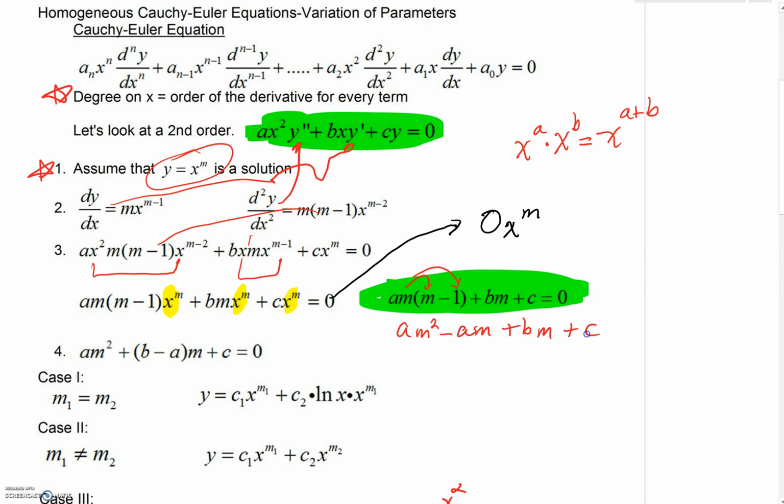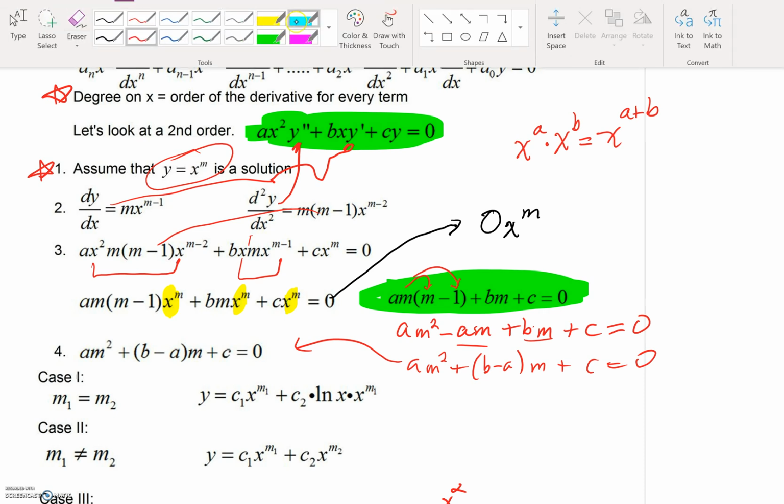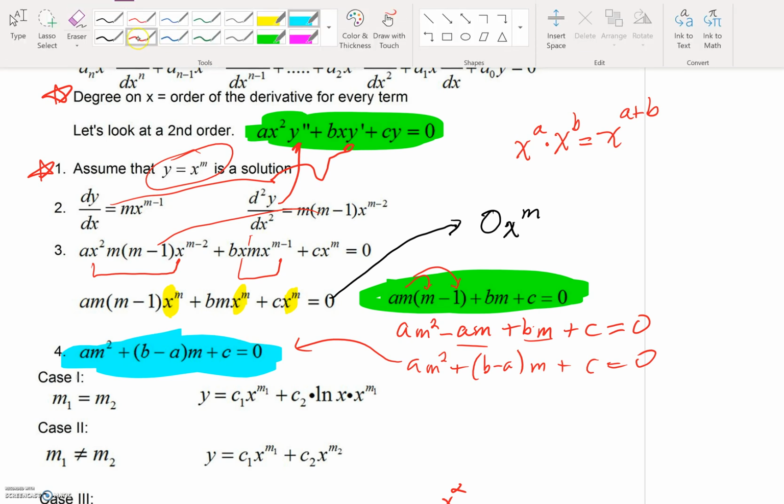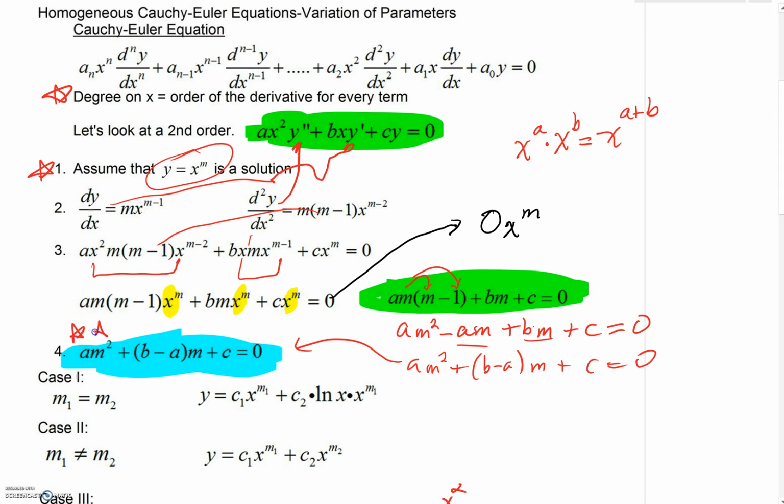Very similar to what we were doing earlier. And you could see in this quadratic, I could factor out an m, and b is positive, a is negative, and look at this. This thing right here for a second order, without a doubt, is where we're going to revisit time and time again.